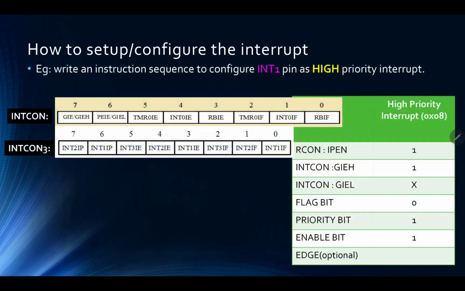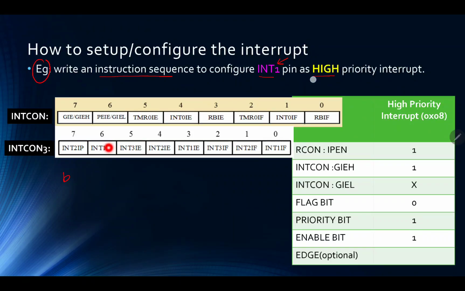Okay, so now another example. Write an instruction sequence to configure INT1 as a high priority interrupt. Again, what's the first step? The first step is to identify the interrupt source, which is INT1. Which group does it belong to? Core group. And the third step is we need to configure the 3 configuration bits, right? First, you always want to configure the RCON.